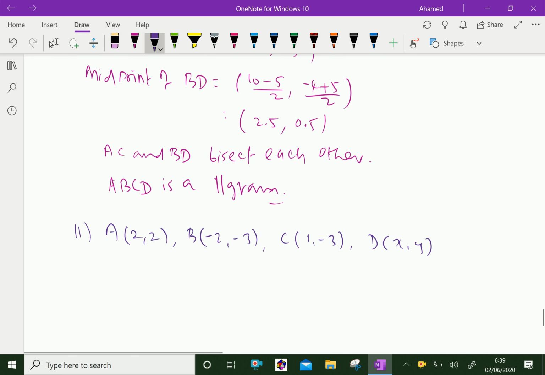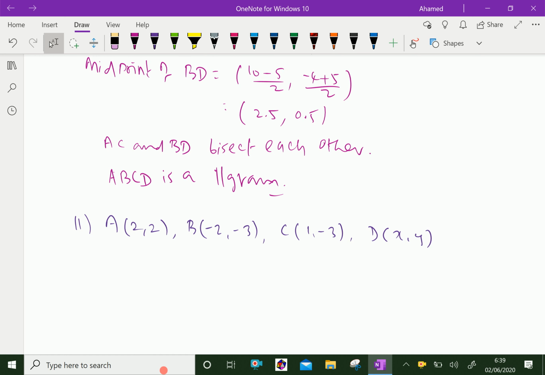The points are forming a parallelogram. Therefore, the midpoint of AC equals the midpoint of BD, because in a parallelogram the diagonals bisect each other.